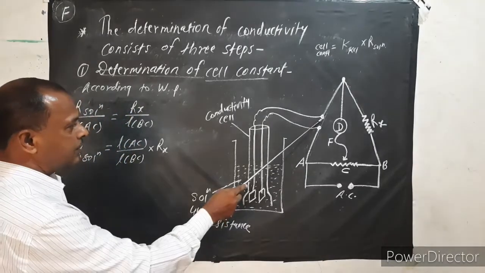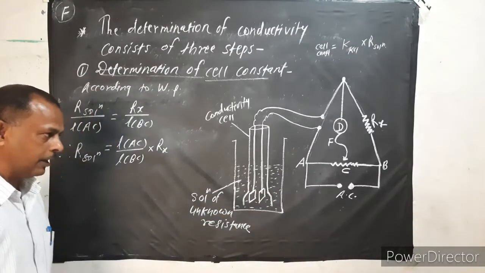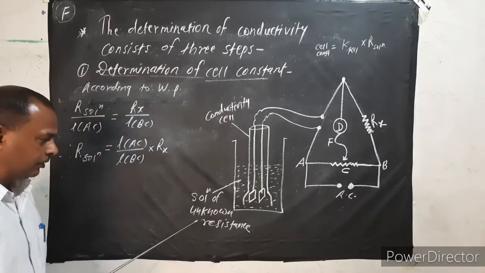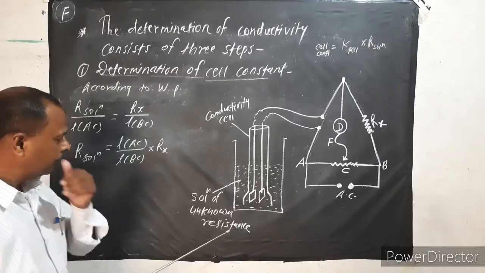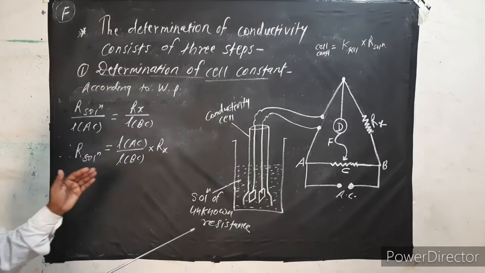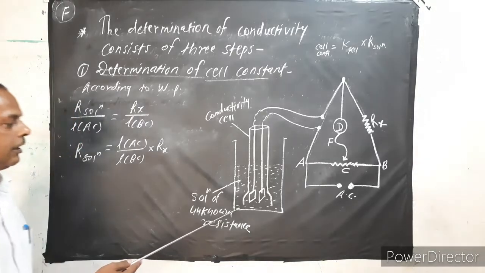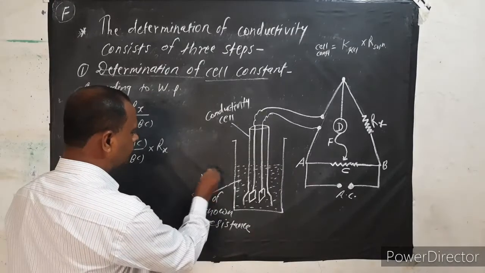The conductivity cell is joined with this apparatus, containing the solution whose resistance we want to measure, and here we have taken the potassium chloride solution.